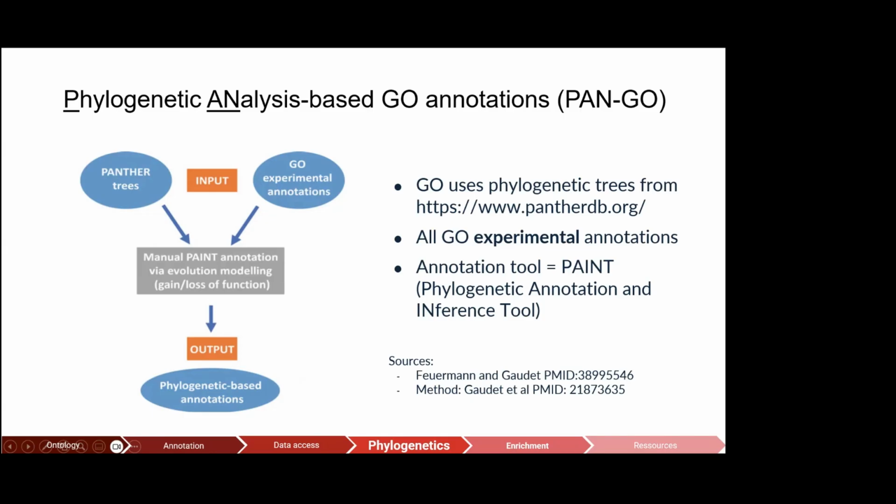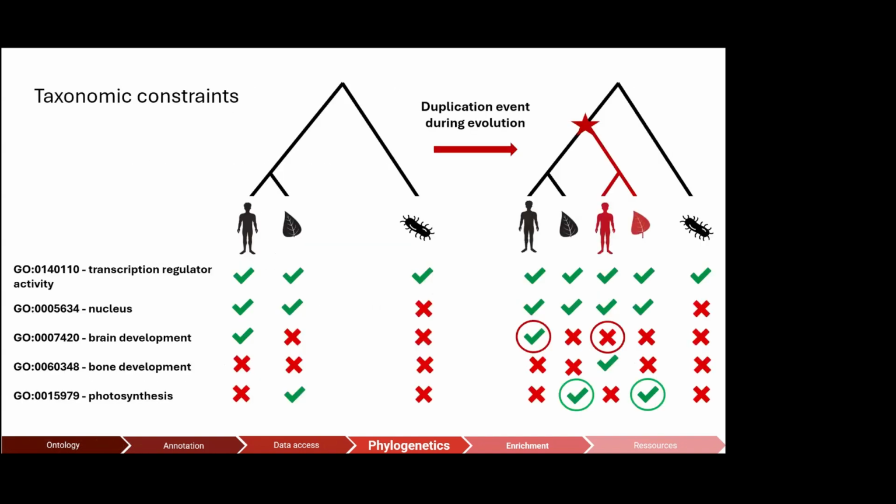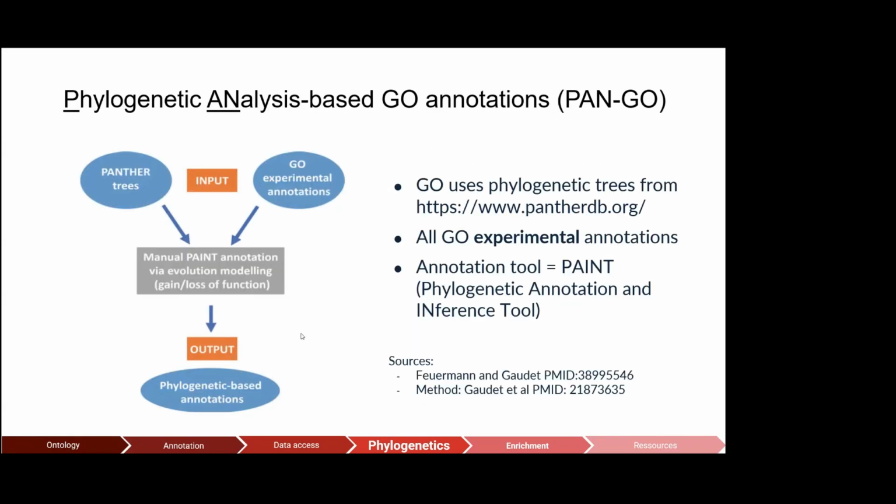The idea is to create, as I showed you, a kind of evolutionary model of functions, how functions evolved in time since the beginning of life. Once we create this model, every annotation here is translated into a Go term.